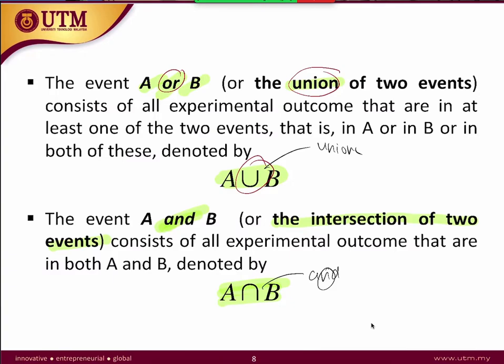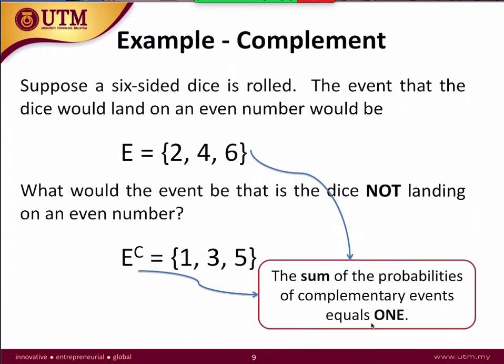I think most of you have already been exposed to this, especially in school. All right, this is an example. Suppose a 6-sided dice is rolled. This is our chance experiment.